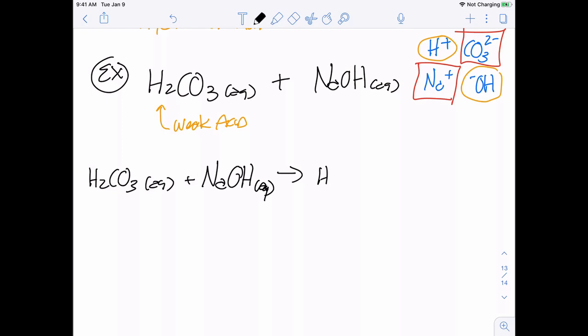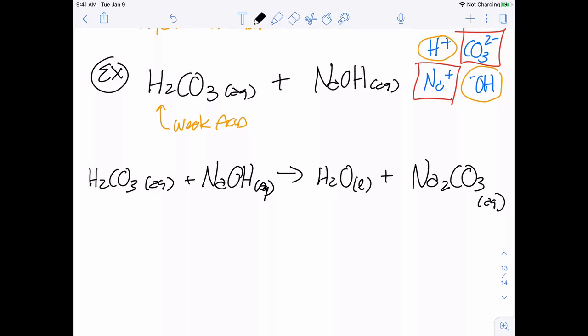So water, H2O with its L for liquid. And then because sodium has a +1 charge and carbonate has a -2 charge, to make the total charge 0, right? We want our net charge to be equal to 0. I'm going to need 2 sodium for every 1 carbonate. Going through our solubility rules, sodium, group 1A cation, so that's going to be aqueous.